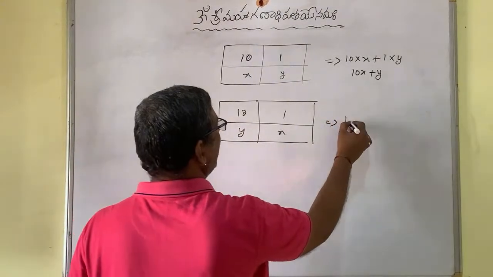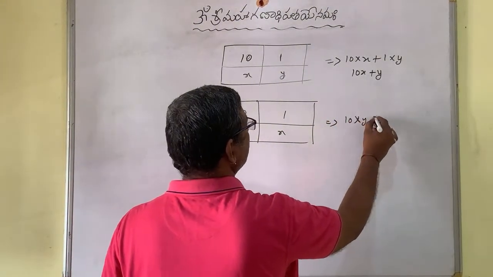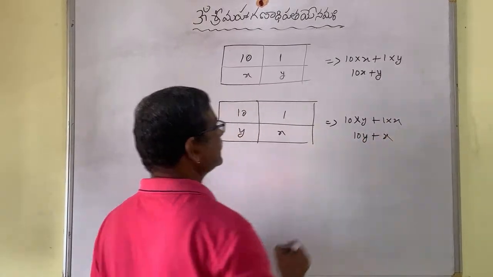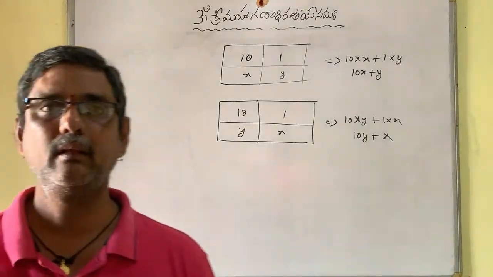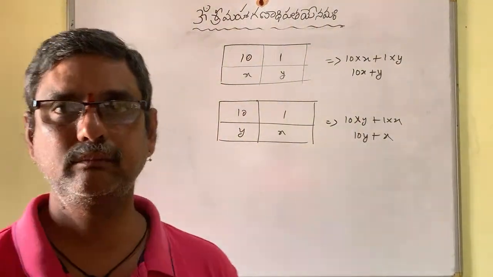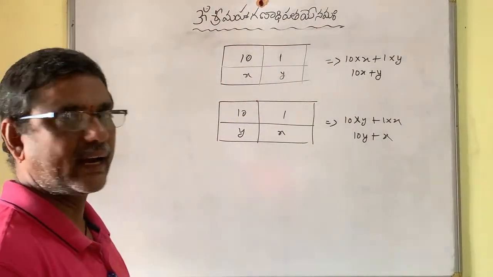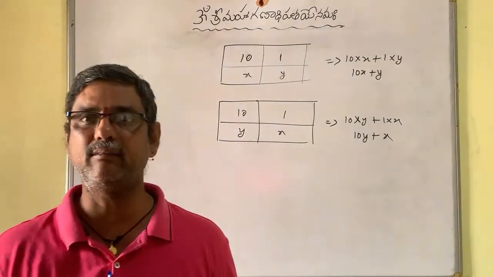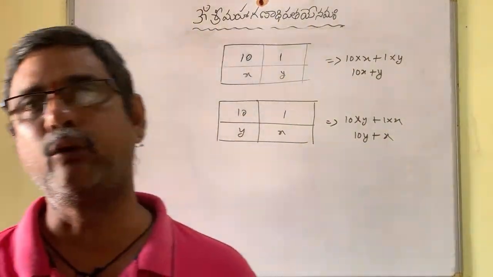Then 10 into y plus 1 into x. The reversed number will be 10y plus x. Okay. So we are ready with our 2-digit number and the reversed number.